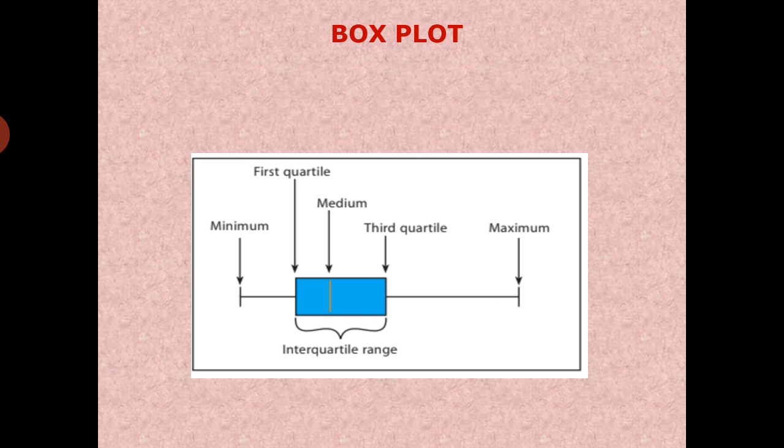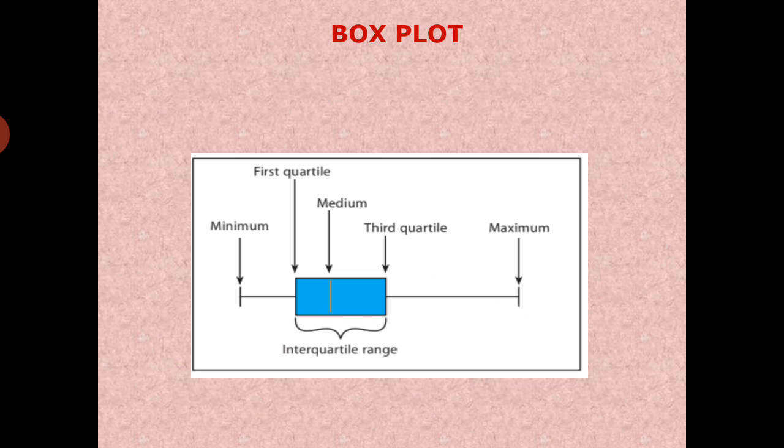Now our next topic is box plot. What is a box plot? Box plots are descriptive diagrams that help compare the distribution of different series of data. They are descriptive because they show measures which do not assume an underlying probability distribution.